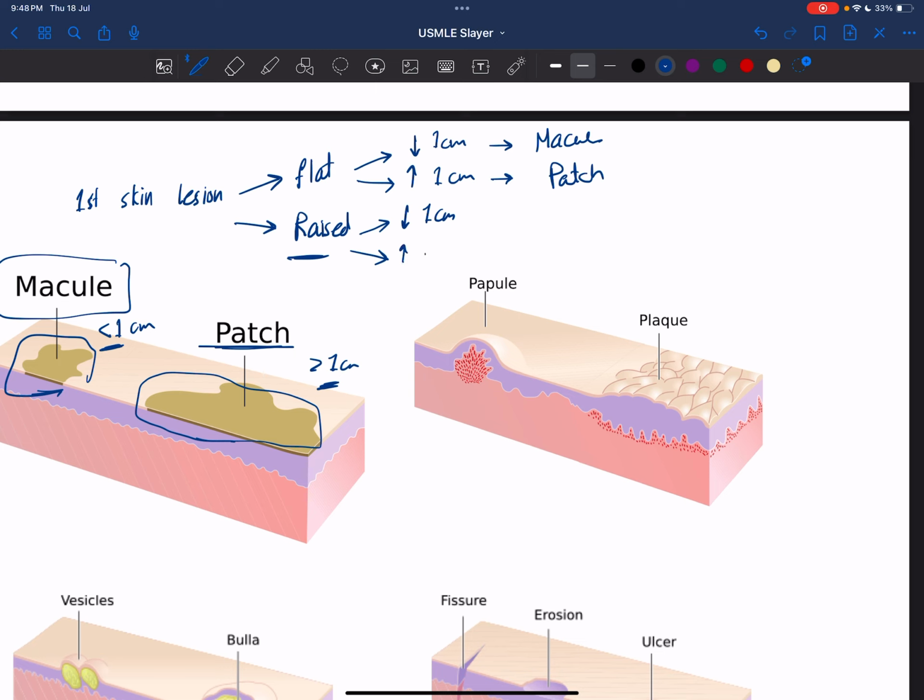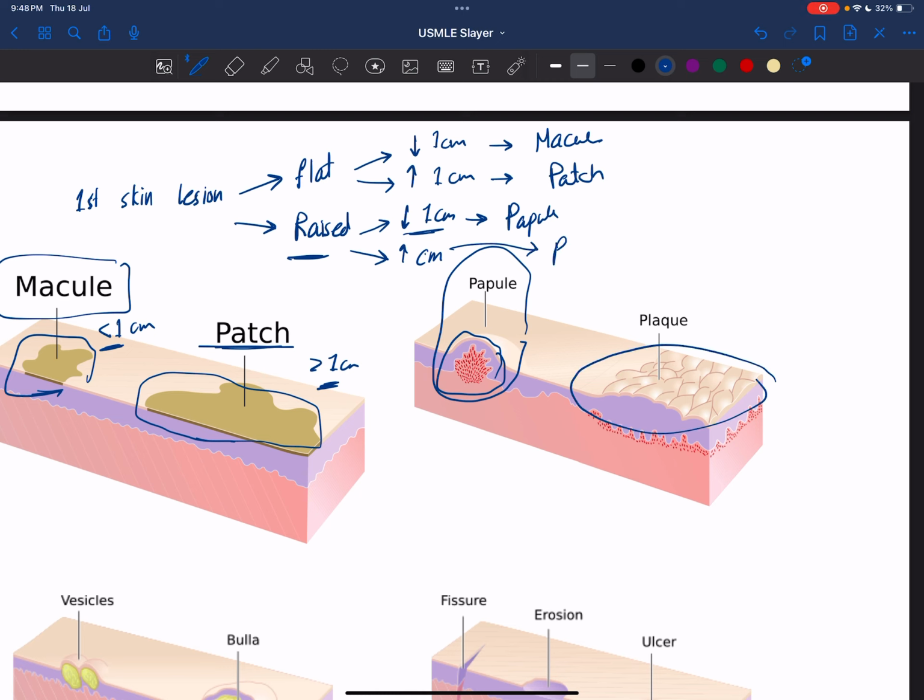Less than 1 centimeter is called a papule, and this is raised, as you can see right here. And the one that is more than 1 centimeter is called a plaque.